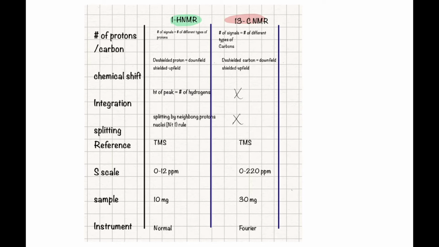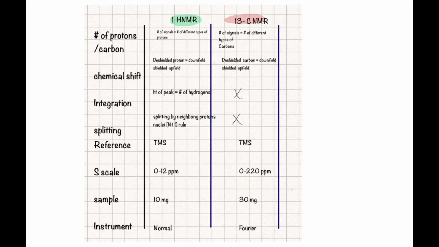This is where the major difference exists between H-NMR and C13. The integration, which is the area under the peak of the H-NMR signal, corresponds to the number of protons of that particular type. Whereas in C13, that is not true. You cannot integrate to find the total number of carbons present.